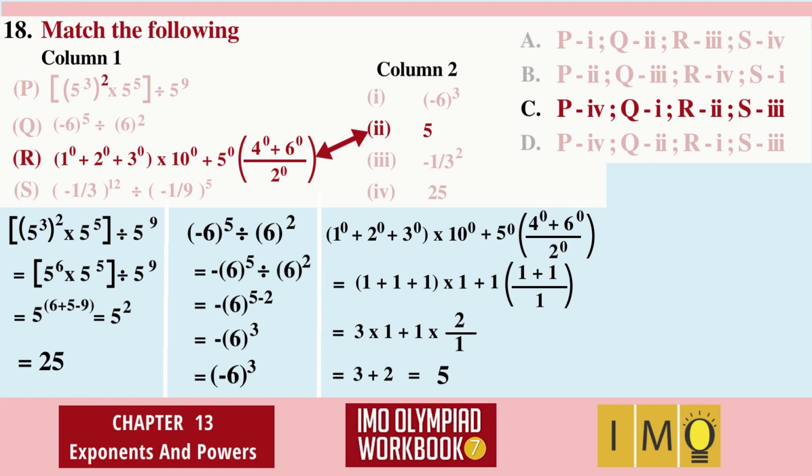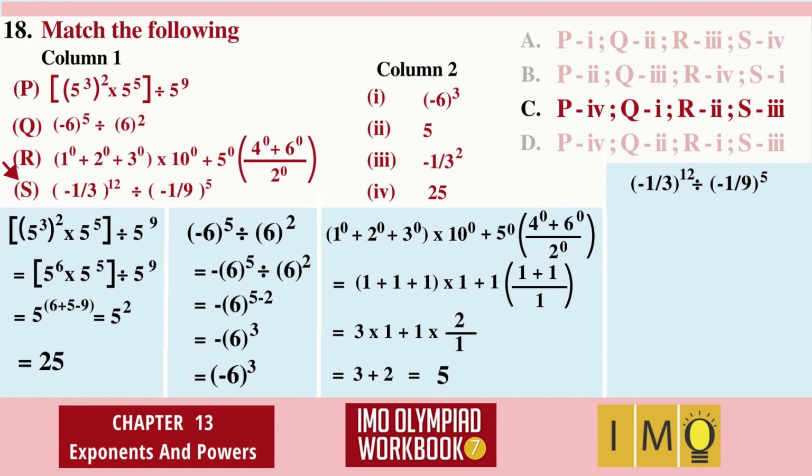Finally, we'll consider statement S. Minus 1 by 3 whole raised to 12 divided by minus 1 by 9 whole raised to 5. In the first term, the exponent is an even number. So, the answer becomes positive.